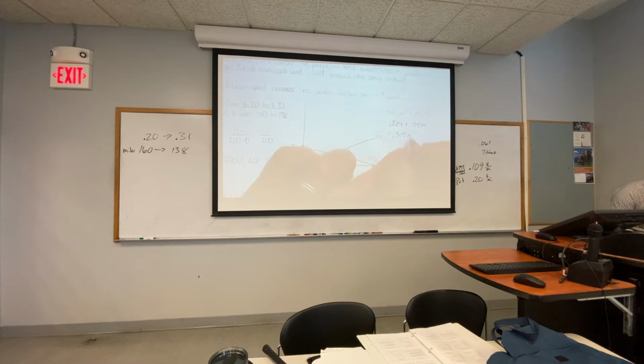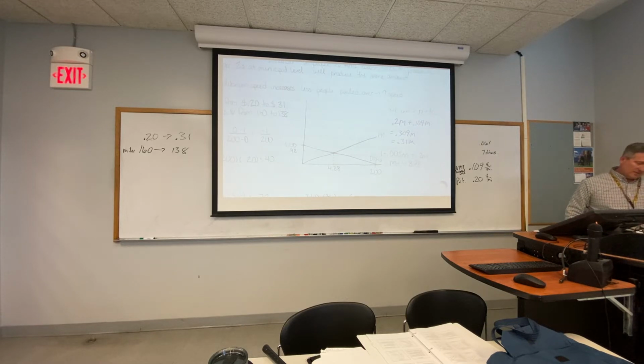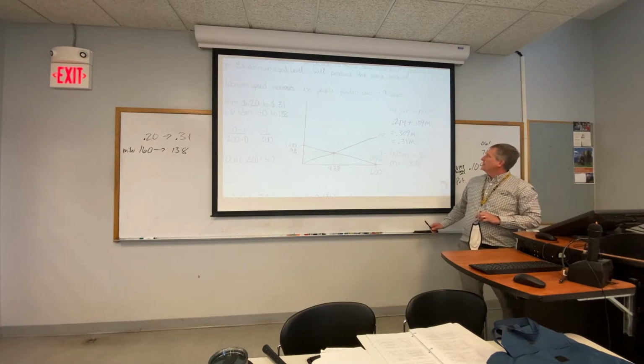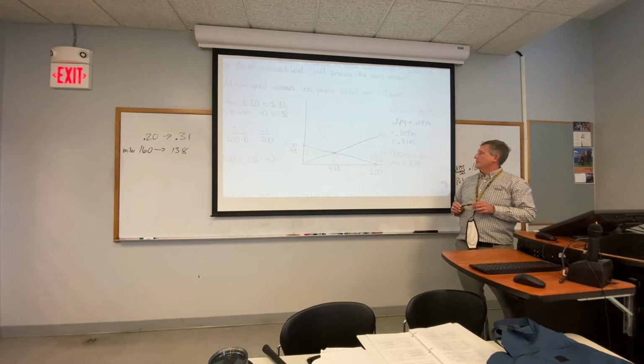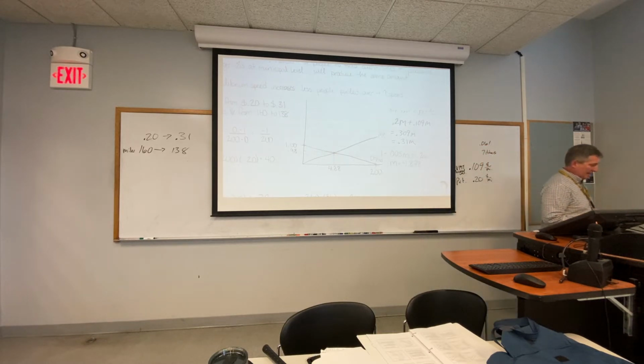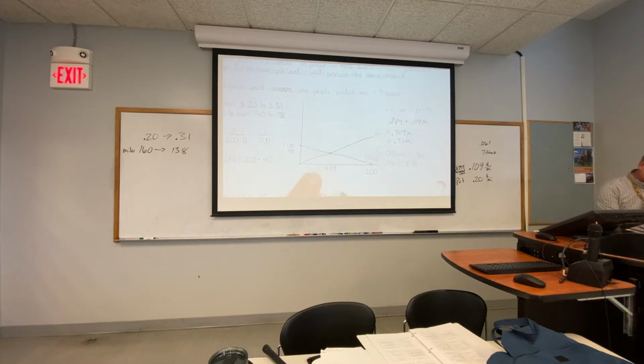So that would be 0.309m, which equals 0.31m. All right, so what's our new m with 0.31 instead of 0.2? 3.18. So something over here, 3.18.